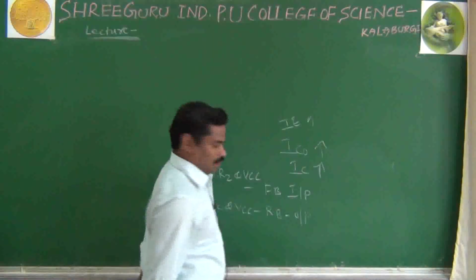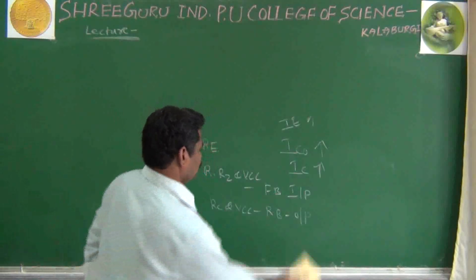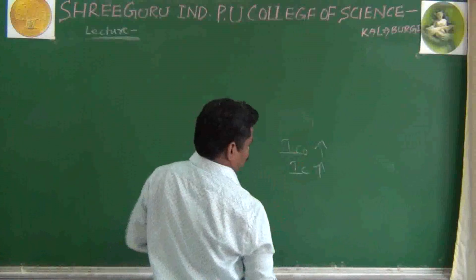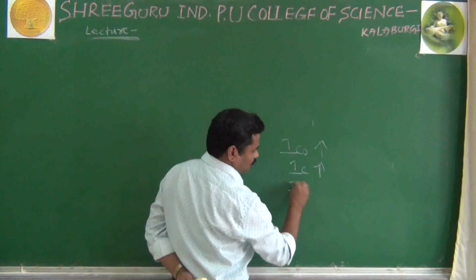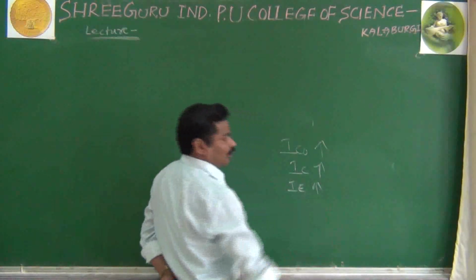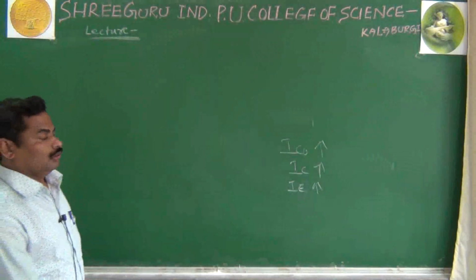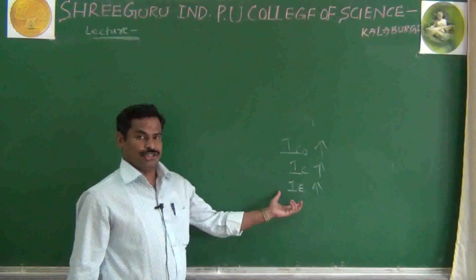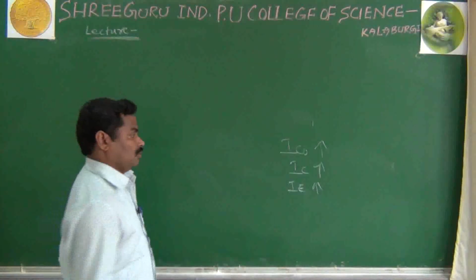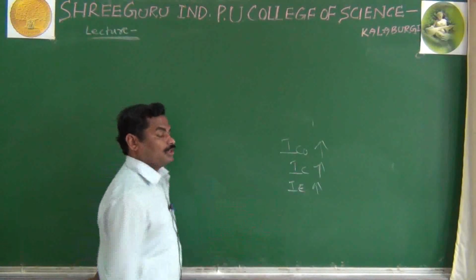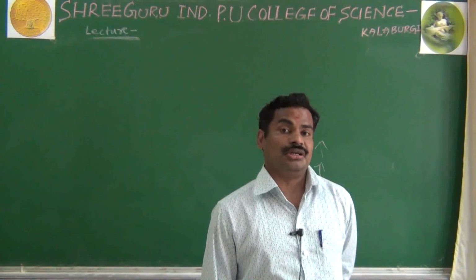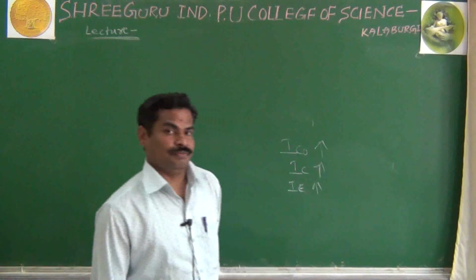If the IC increases, that will increase the IE. And if the emitter current increases, then what happens? The voltage across the RE increases.